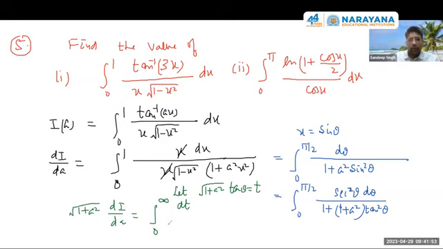Correct me if I am wrong. It becomes dt divided by 1 plus t squared. Correct? So this is pi by 2. So by integration, what has dI by da come to? Yes, pi by 2. Am I doing it correctly?